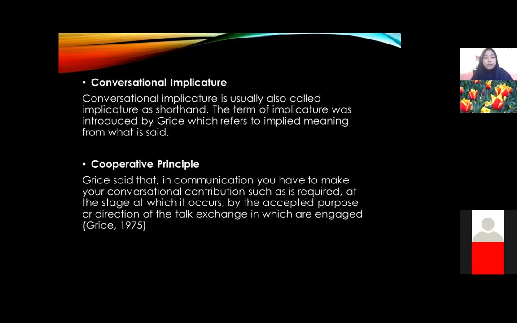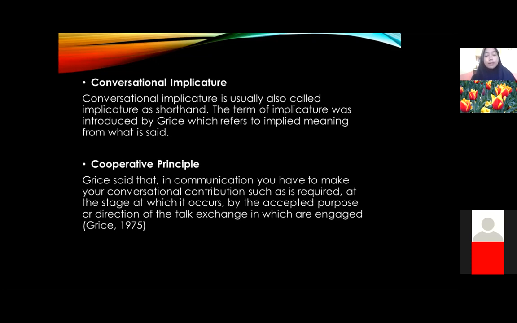Generalized conversational implicature, according to Yule in his book Pragmatics, is conversational implicature which does not require special knowledge in the context to calculate the additional conveyed meaning.